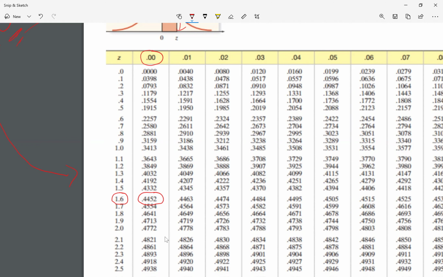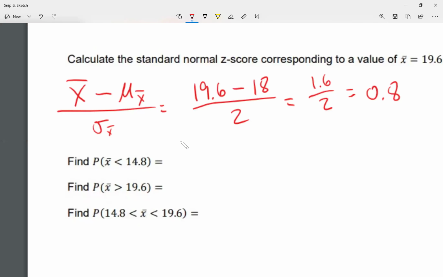So let me come back to our work. Let me zoom in here. Let's say we had this as a normal distribution, and let's say right in the center is 18, because that's our mean, right? Then I'm calculating 14.8.